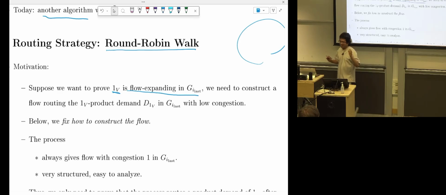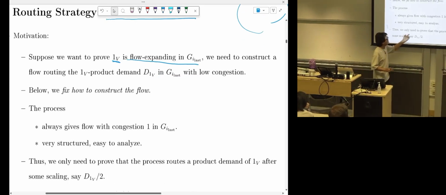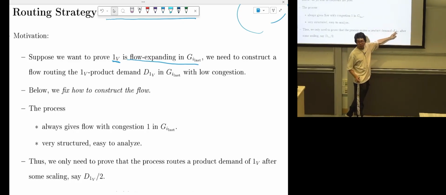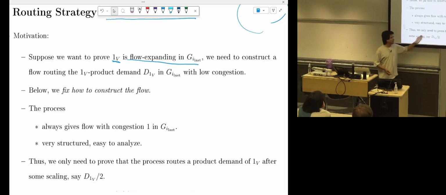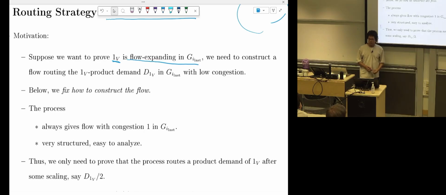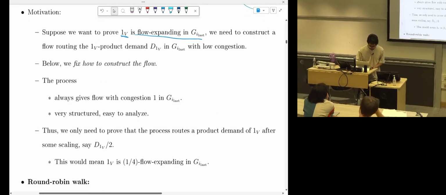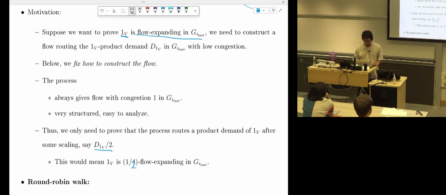So what we need to do is prove that this process routes the product demand of the all-one vector at the end, maybe with some scaling. If it routes this, then it would be 1/4 or 1/2 flow expanding.